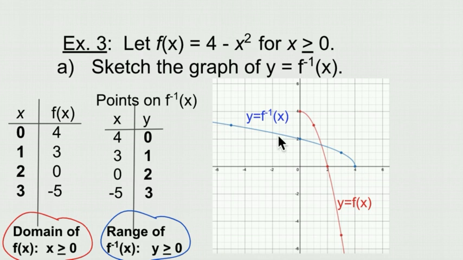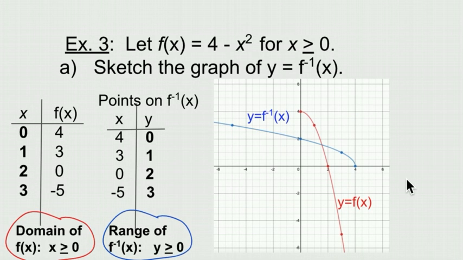So I'm only getting the top half of the sideways facing parabola that we had for example 2. So what we have here is that the domain of f of x, greater than or equal to 0, now becomes the range of f inverse of x, y is greater than or equal to 0.